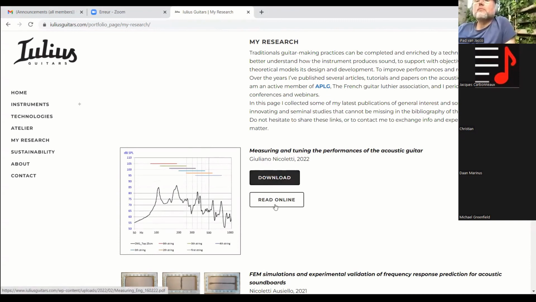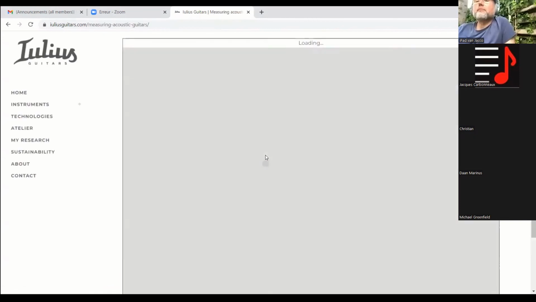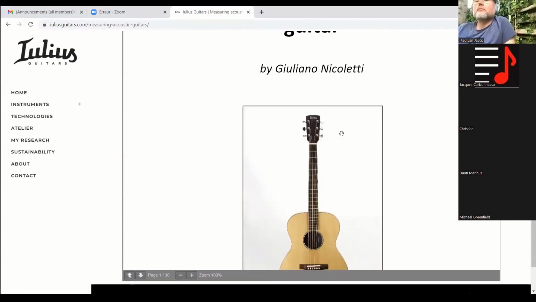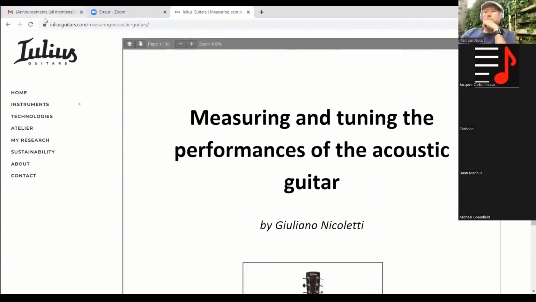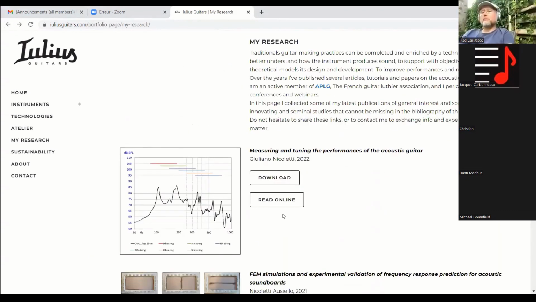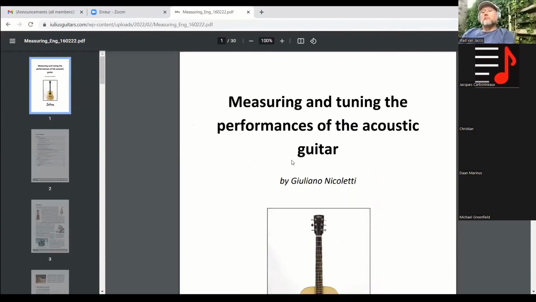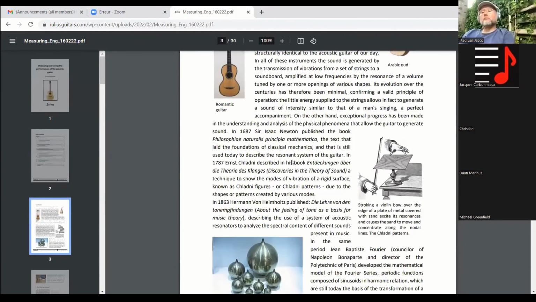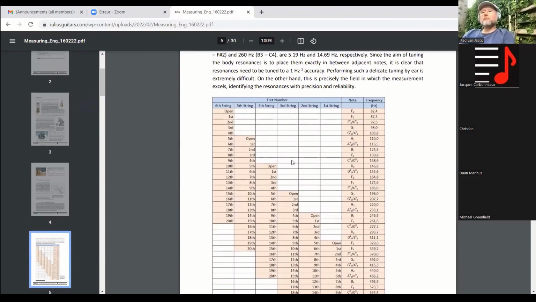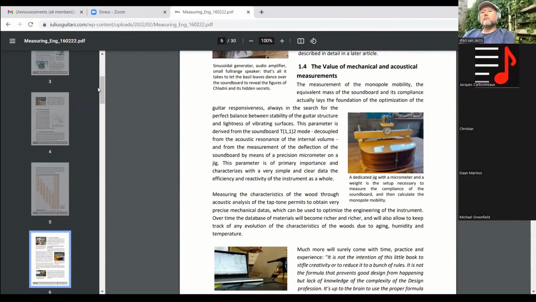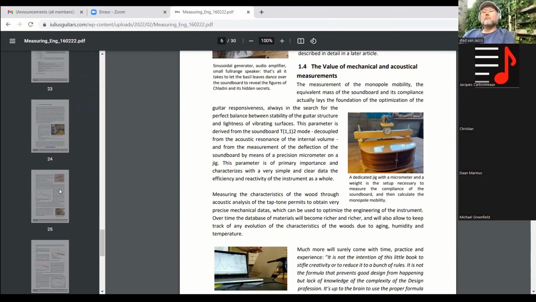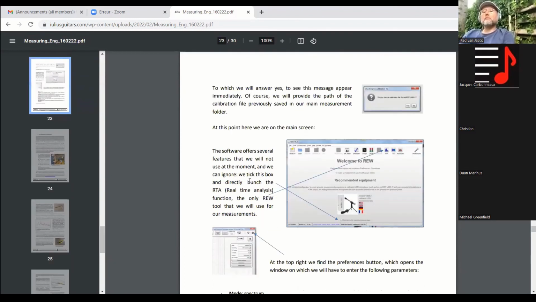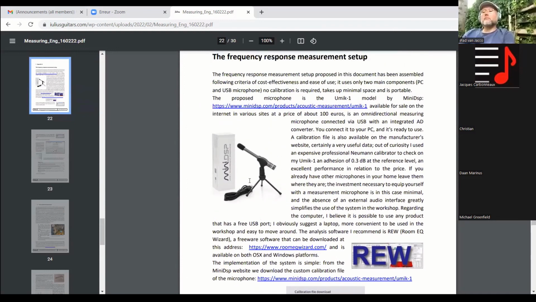You can download or read it online. It collects most of the things that I talked about today, and you find all of the information about the measurement system in Appendix A, which is about the setting of the software.